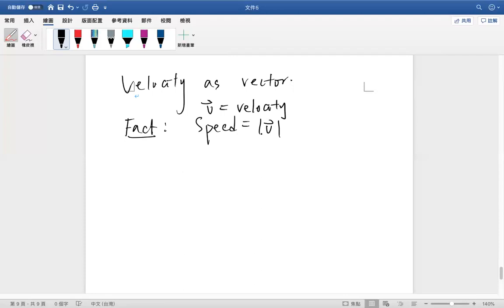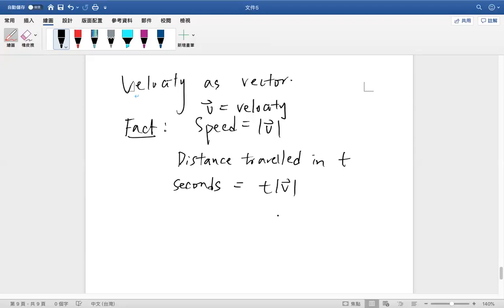And also, for example, if your particle is going with this velocity, then the distance traveled in t seconds is equal to t times the length of v.